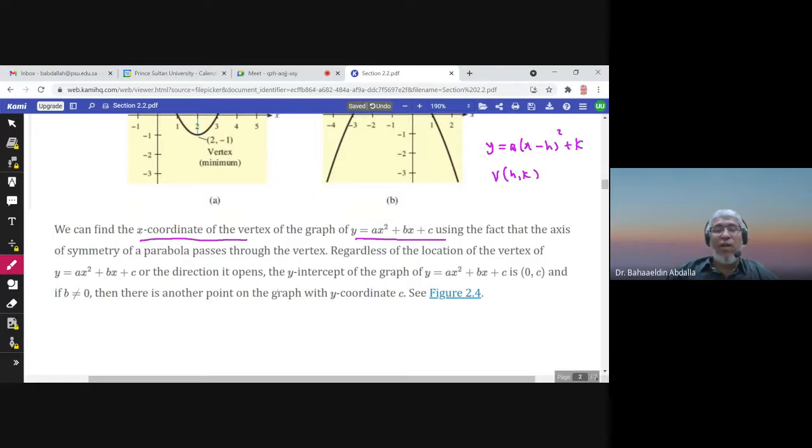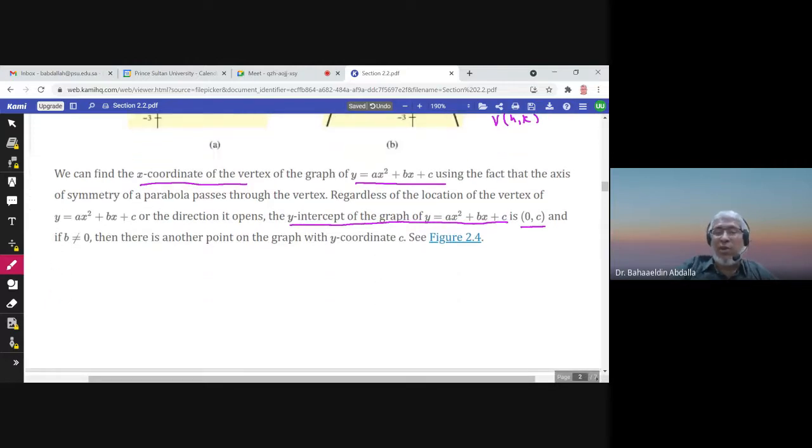Now, what if we want to find the y-intercept? What is the y-intercept of this parabola? To find the y-intercept, we put x equals 0, so the y-intercept is c. So we have the point (0, c). The point (0, c) is a point on the parabola.